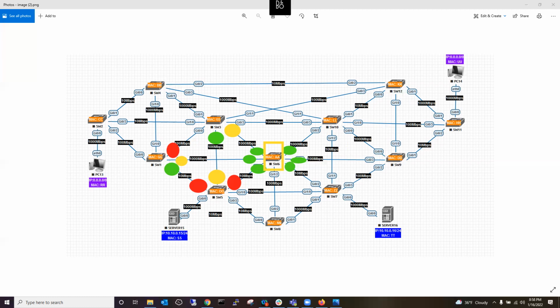So real quick, Dre. That connection that you're looking at between switch 1 and switch 3. What's the difference between switch 5 and switch 3?